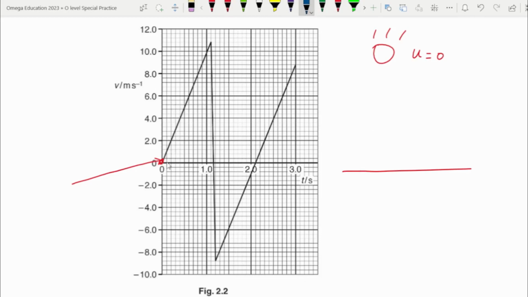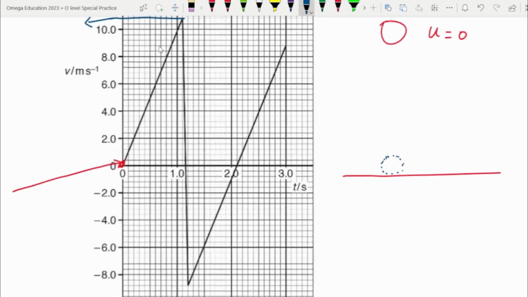So we can say the velocity of the ball increases. And just before hitting the ground, do you agree that it would be having the maximum possible velocity? And what is that maximum possible velocity represented on the graph? How much is that?